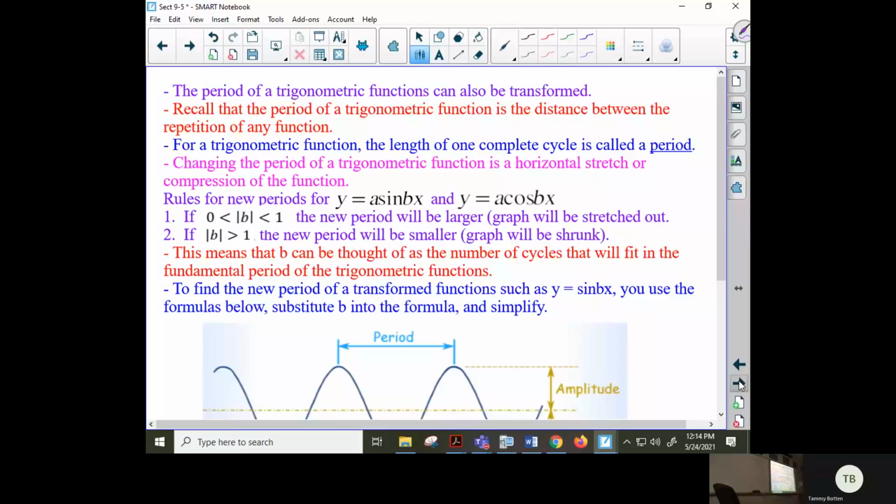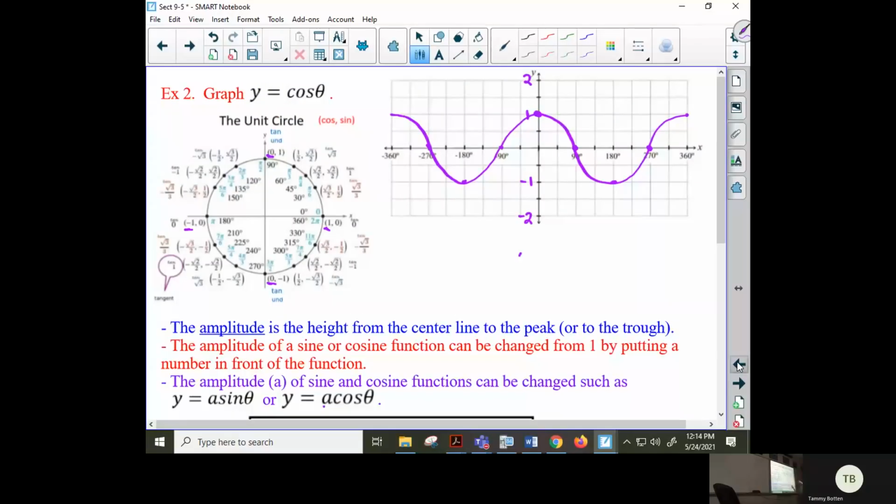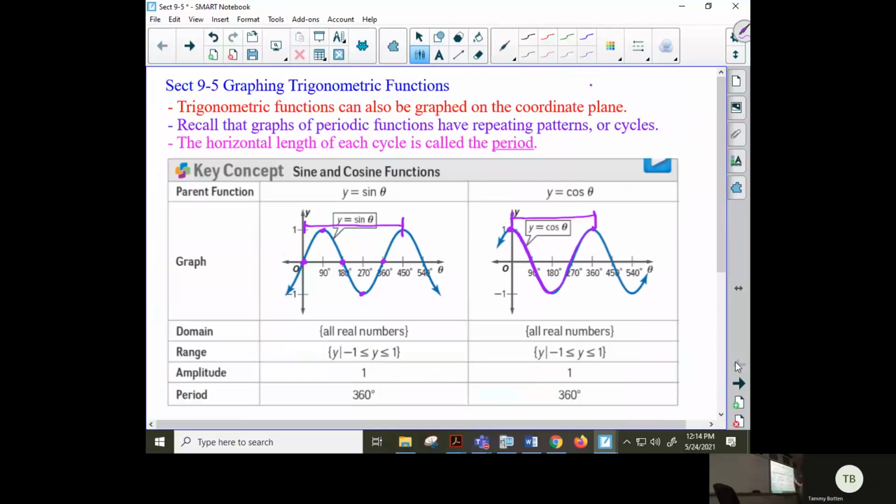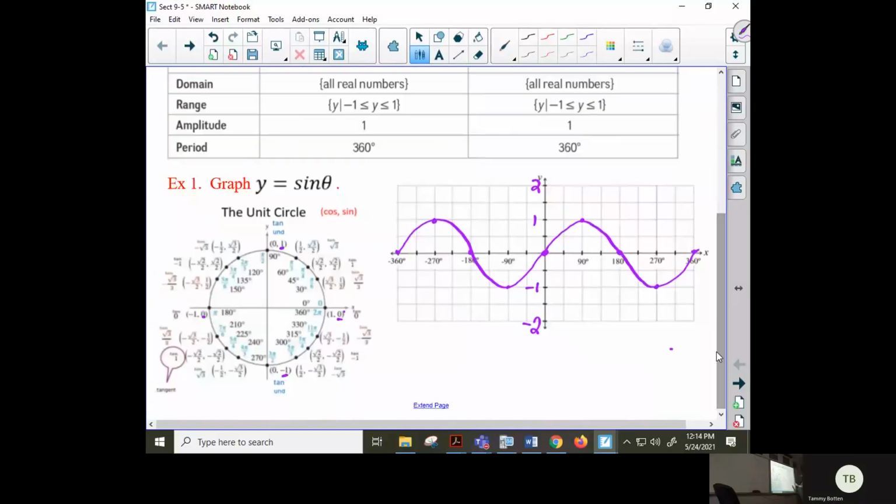Okay, so the second thing that they can change on a graph is the period. And we talked about, like, one period on cosine is this much. Period is 360 degrees, okay? Same thing with the sine graph. You don't have to do this on it, but just to show you.